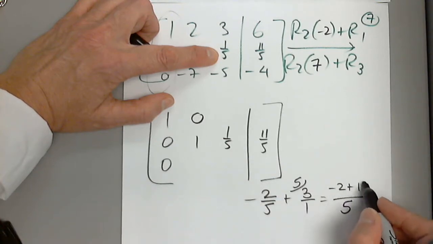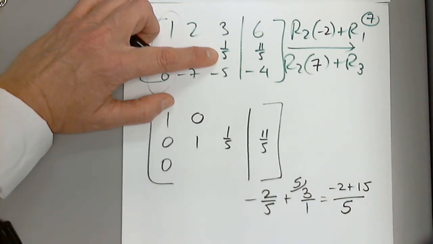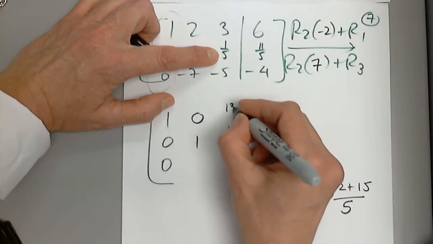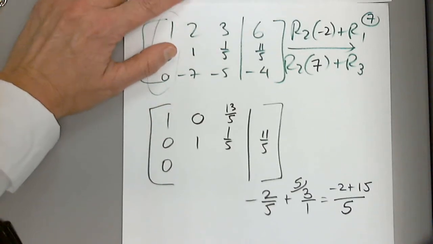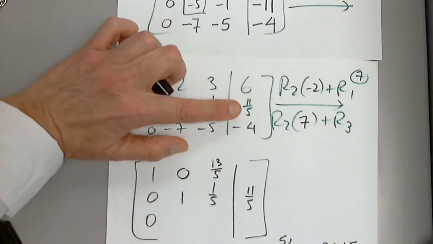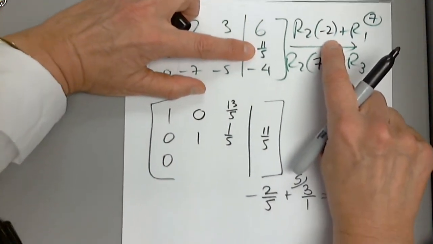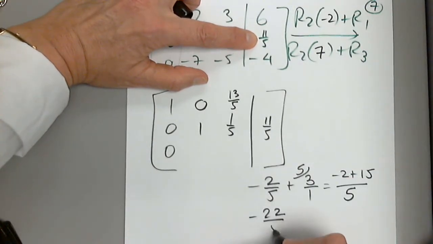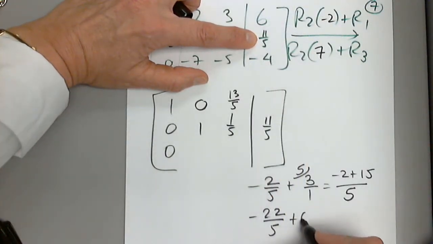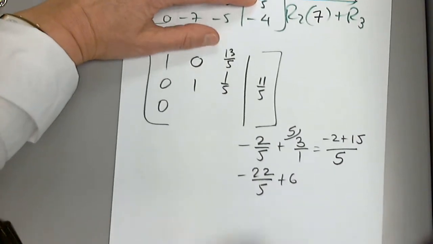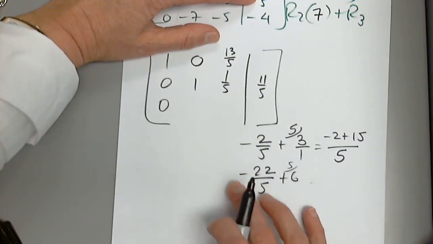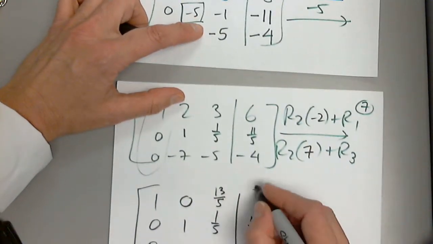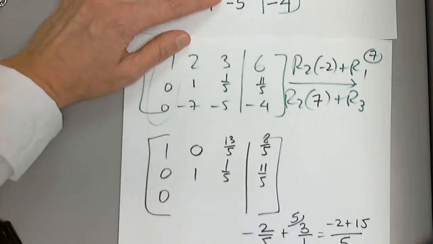So negative 2 plus 15, that's 13/5. 11/5 times negative 2 is negative 22/5 and plus 6. I need to multiply this by 5. Exactly, 30 minus 22. Very good, perfect, well done so far.